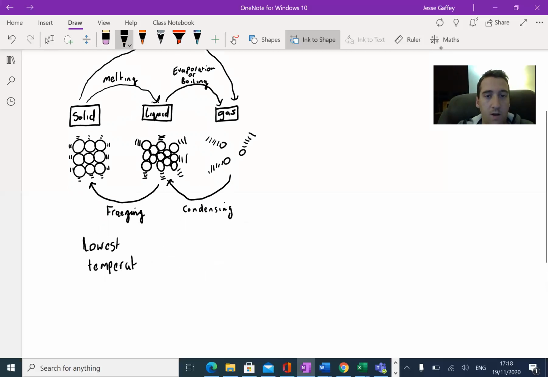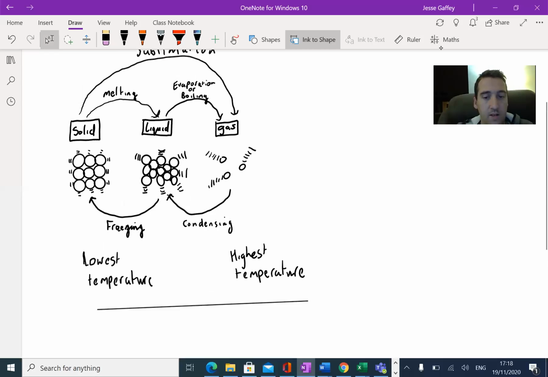And when we're talking about gas, we're talking about it at its highest temperature. So if we were to measure the temperatures, we would find that as we make it go from a solid to a gas, we are increasing the temperature.